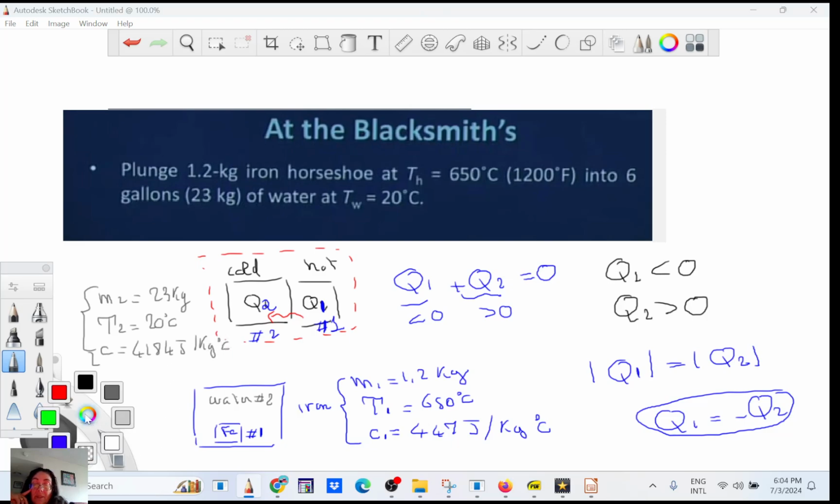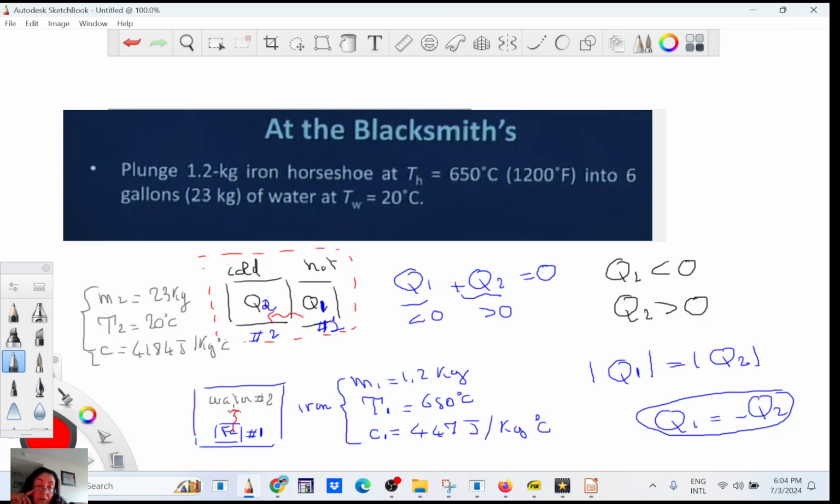So what's going to happen here? Heat is going to flow from iron to water. And it takes a lot of heat to change the temperature of water. That means water has a lot of inertia. It resists the change in temperature.